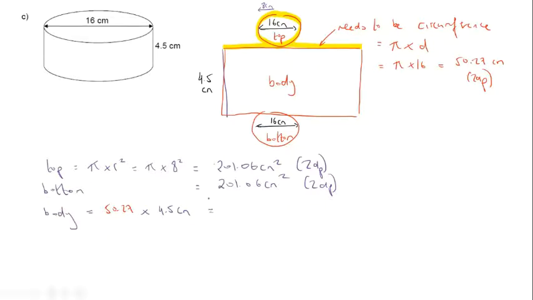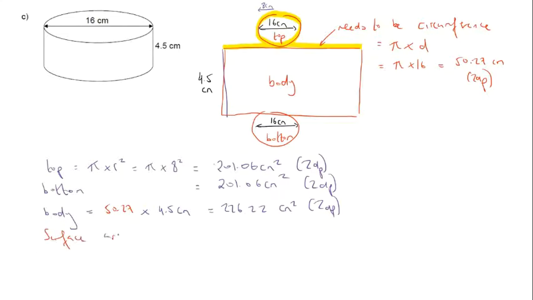50.27 times 4.5 is 226.22 cm squares to 2dp. The last step, remember, is just to add them all together to find the total surface area.